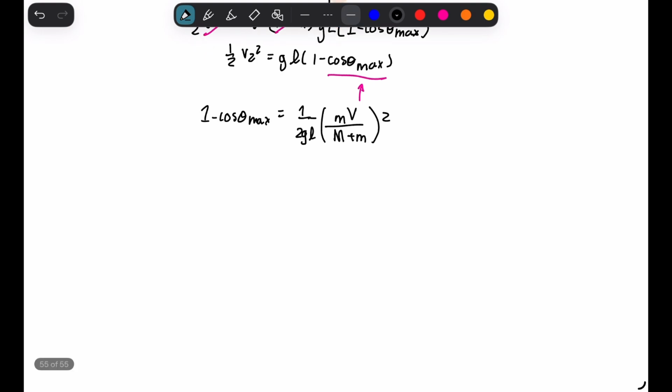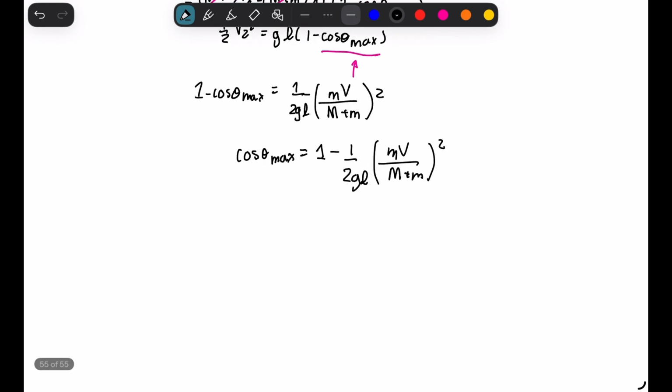So if we want just cosine θ max, now we can just move cosine θ max here, and then we have 1 on that other side. We just add 1 to the other side and then subtract everything on that side. So we have minus 1 over 2 g L, and this is (m V / (M + m)) squared.